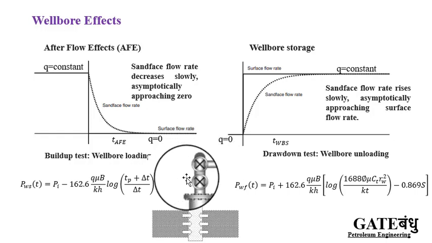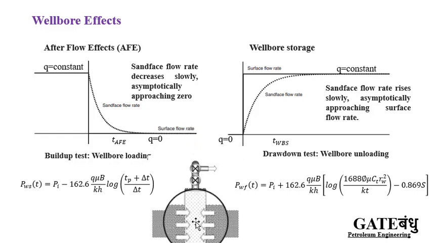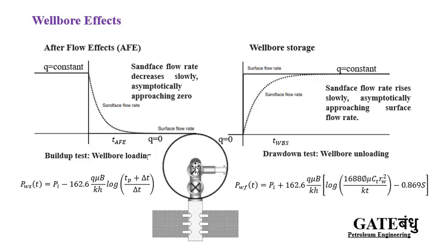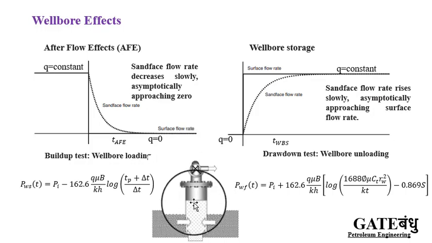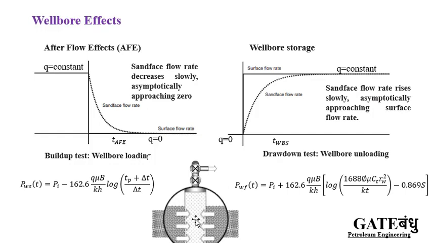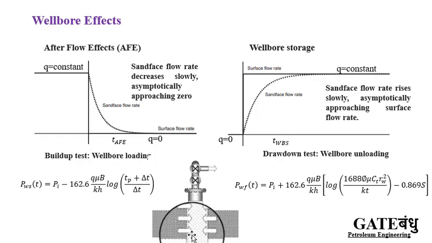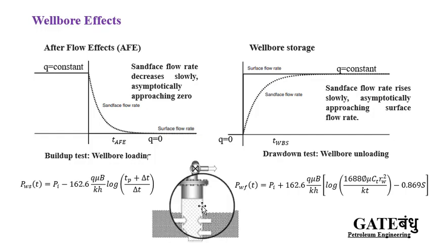When we open the well from this wellhead, the fluid that is inside the wellbore comes to the wellhead and goes out of the wellhead first, and this is because of the compressibility effect or thermal effect of the fluid residing inside this wellbore.